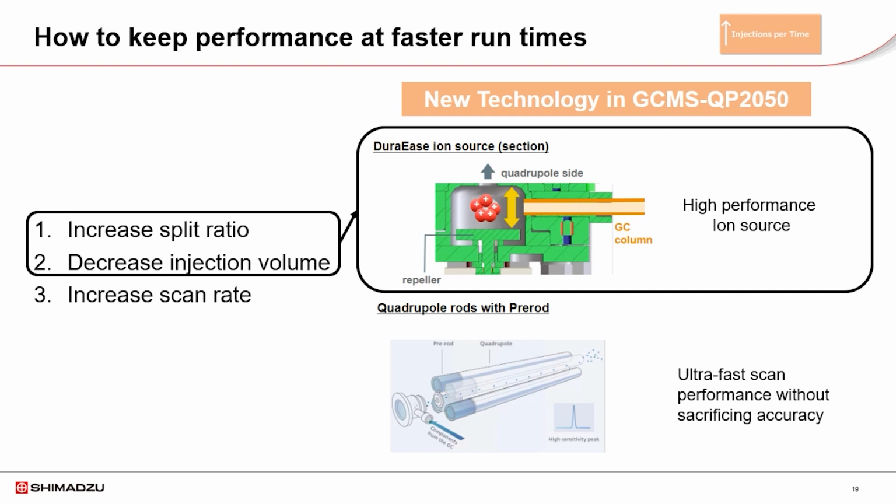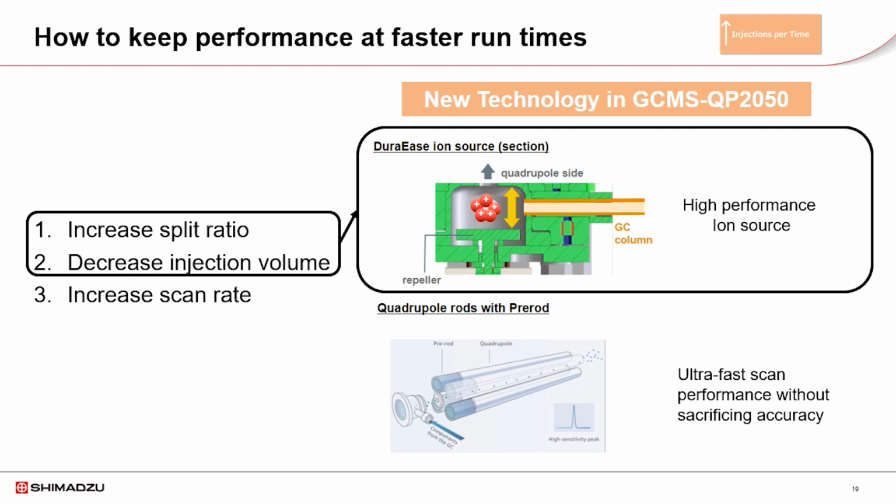Our new Dura-Ease ion source in the GCMS QP2050 can get higher sensitivity than the conventional ion source because its optimized design generates more ions and transfers ions into the quadrupole with minimum losses. Even as injection volume gets smaller, we can keep the sensitivity using this ion source.